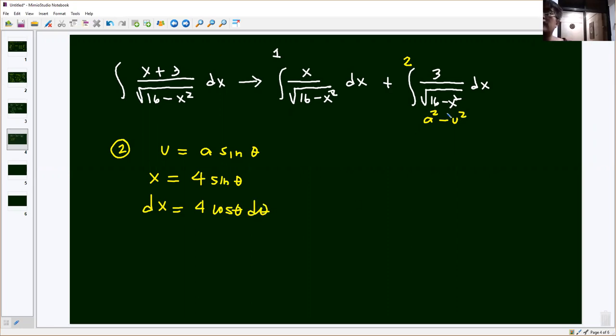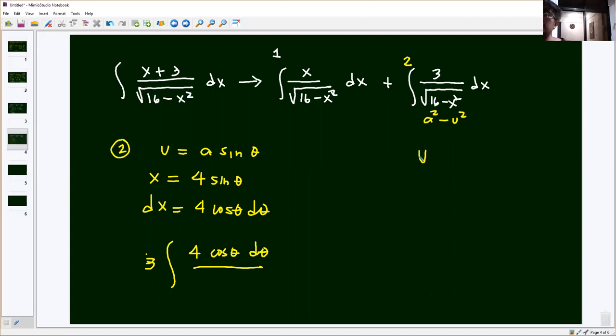Now, palitan na natin yan. 3 outside. dx will be replaced by 4 cos theta d theta. So okay na si 3 na labas, si dx napalitan na.